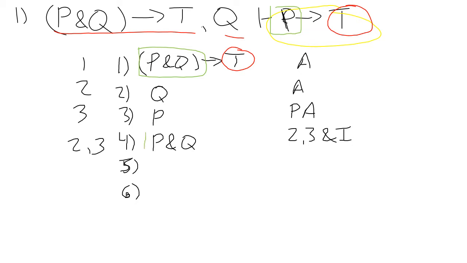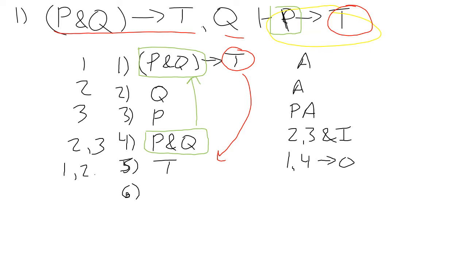And then I have my antecedent here that I can toss in. And then I can get the T out from that conditional statement. So that's going to be 1 and 4, arrow out. 1 is next to 1, 2 and 3 are next to 4.